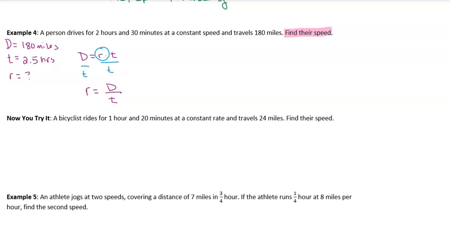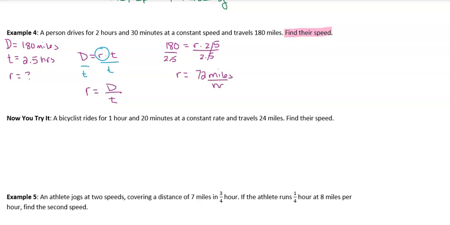Okay, so I'll just plug it into the original equation first. We get 180 equals R times T, which is 2.5. Then we would divide both sides by 2.5, and that would give us R. So R equals 180 divided by 2.5, which is 72, and it's a rate, so it's miles per hour.